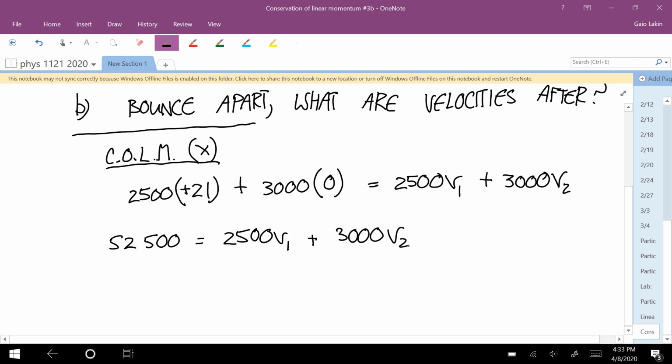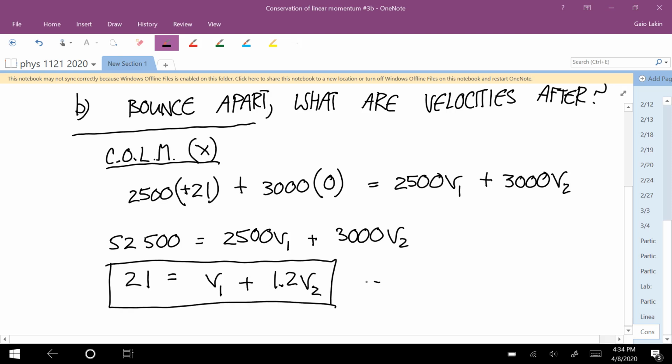What we're going to do is come up with two equations and solve this system of two equations for two variables. So we might as well simplify stuff. Let me divide everything by 2,500. So we get 21 is equal to V1 plus 6/5, 1.2 V2. Okay, that's our first equation. So I'll set that aside.